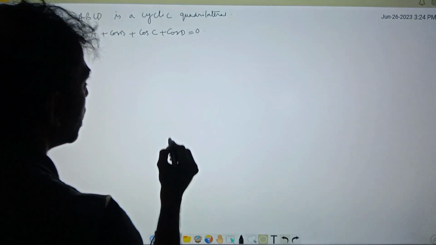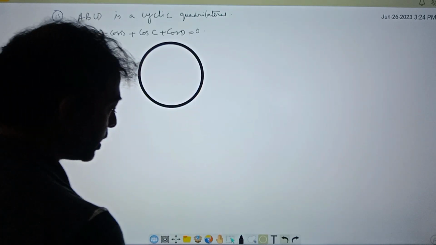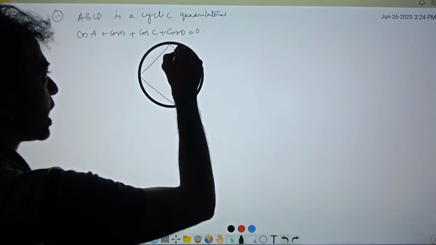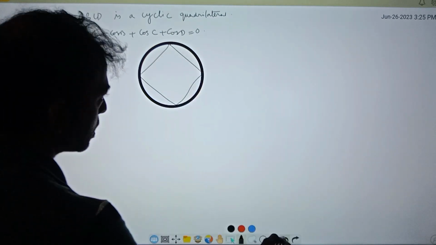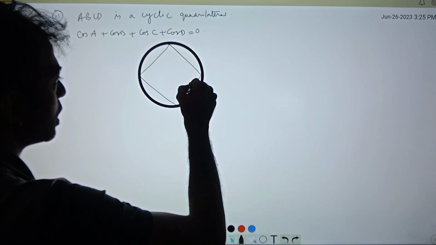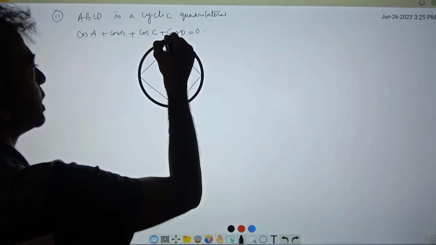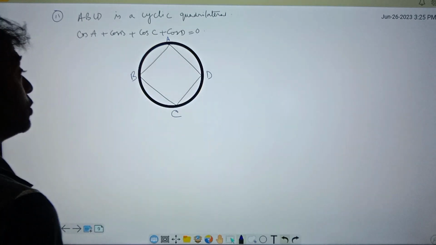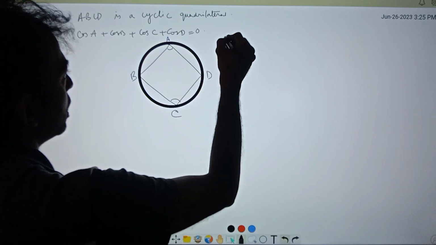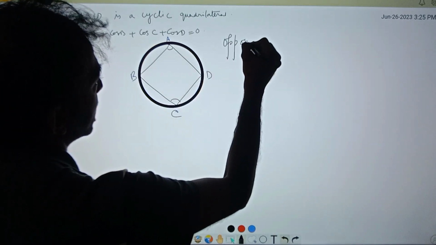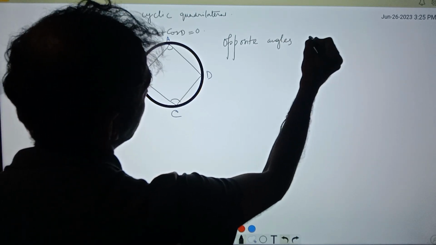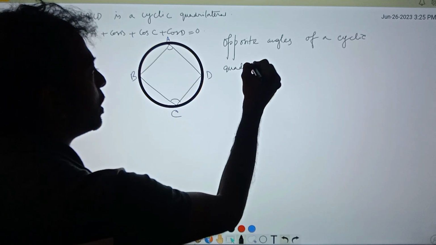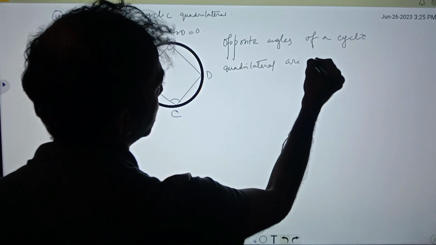So, if we construct a circle here, then we are constructing a cyclic quadrilateral here, and that's our cyclic quadrilateral, and this is A, this is B, this is C, and this is D. And in 10th standard, we have studied that opposite angles of a cyclic quadrilateral are supplementary to each other.